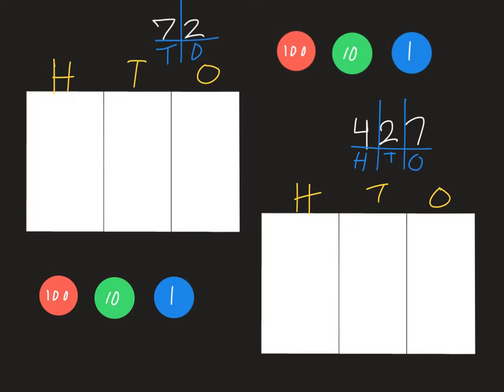What we do have to do is use 10s and 1s. For 72, it says we have 2 in the 1s place. So let's put 2 of these place value disks into the 1s place. Then it says we have 7 in the tens place. Okay, so let's do 7 in the tens place.